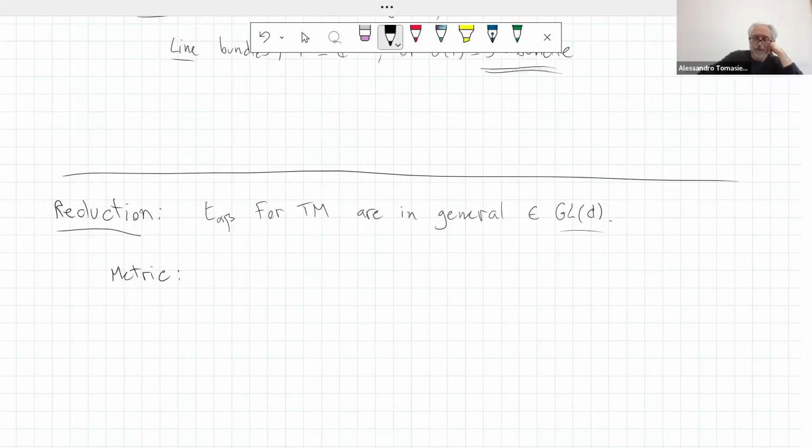Basically this is because, remember, the metric transforms under changes of coordinates in this fashion.